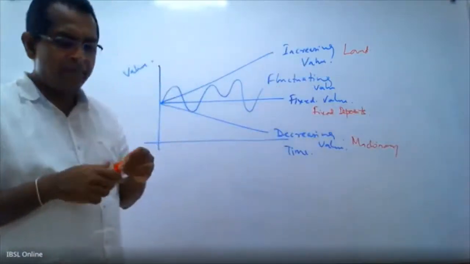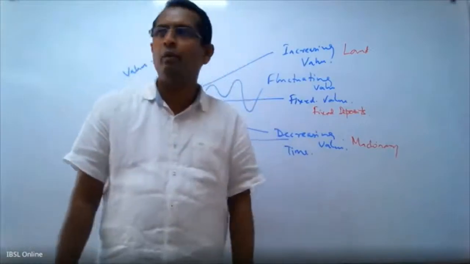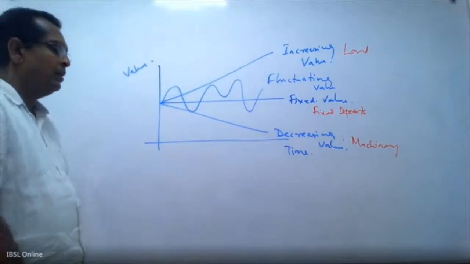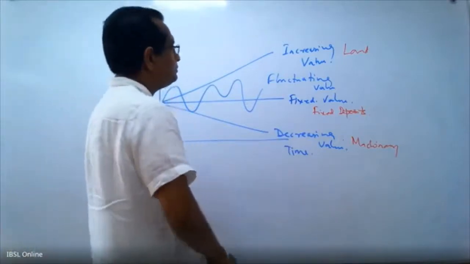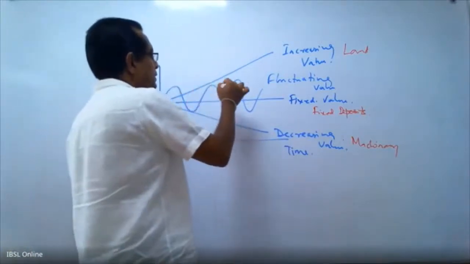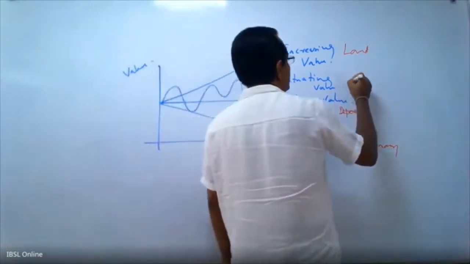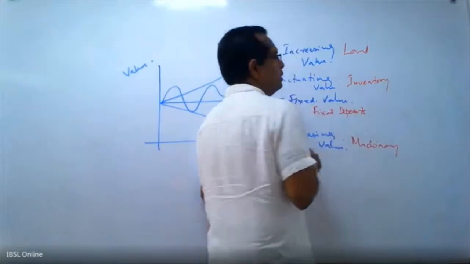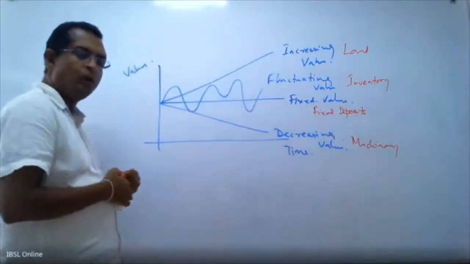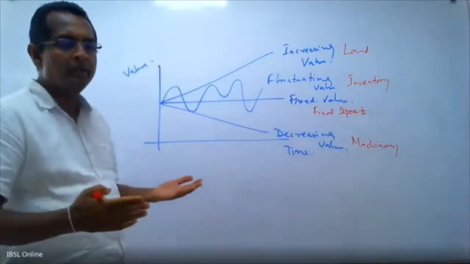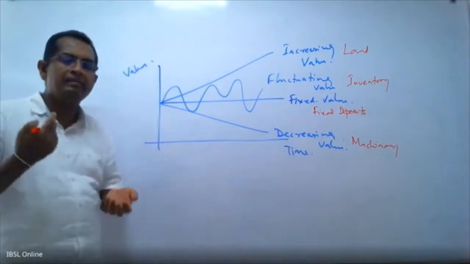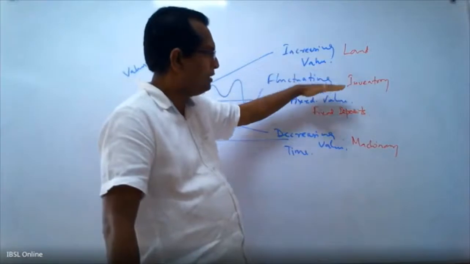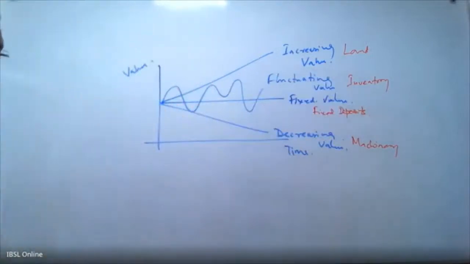Compare the value of an iPhone 7 two years ago and today, a vast difference. Then fluctuating value: inventory, stock. Any stocks, day to day prices change. So these are the types of securities you have.